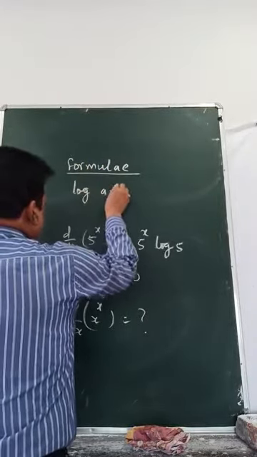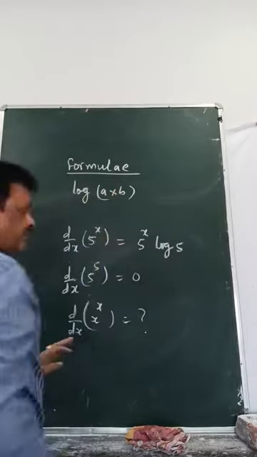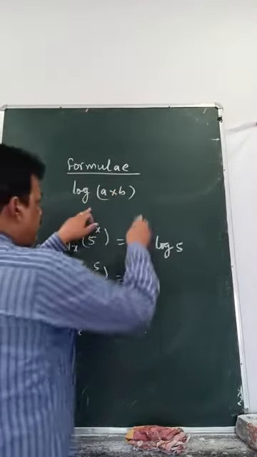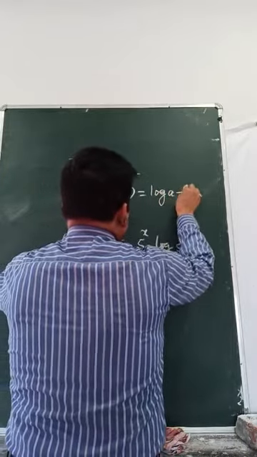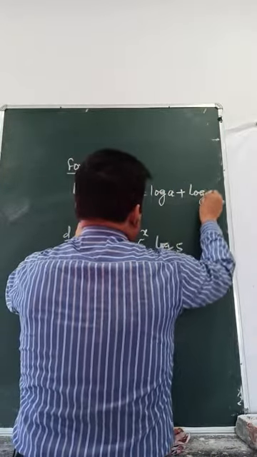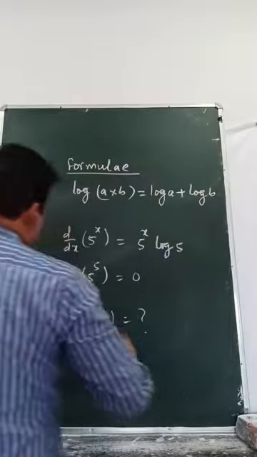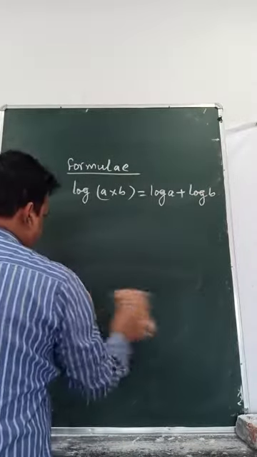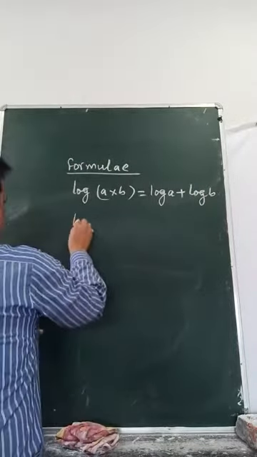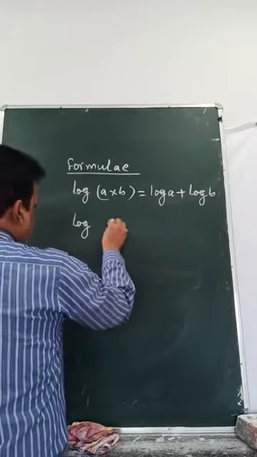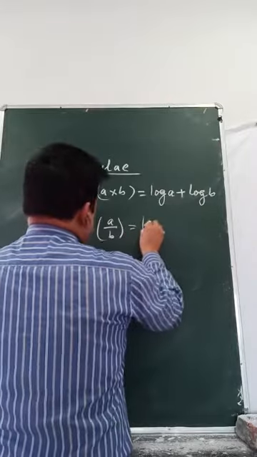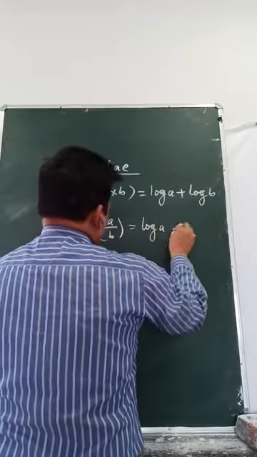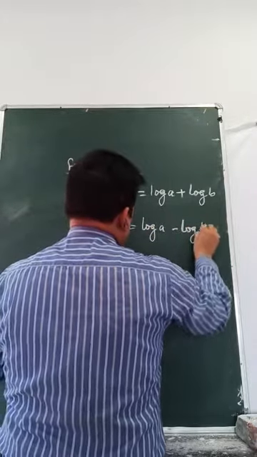Log of a into b is log a plus log b. Log of a upon b is log a minus log b.